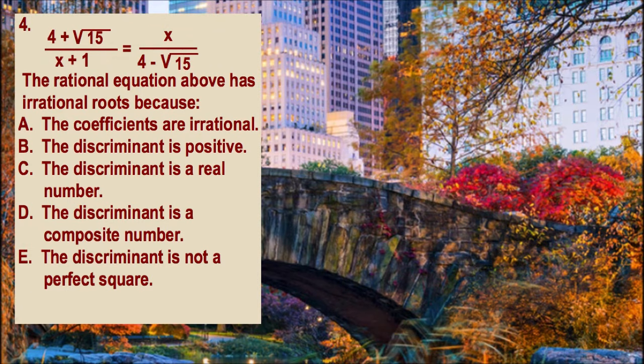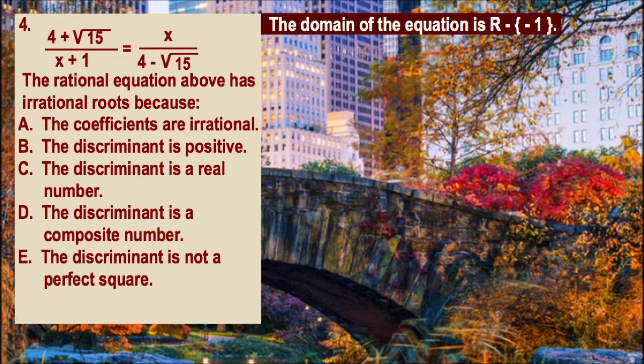The rational equation above has rational roots because: A, the coefficients are irrational; B, the discriminant is positive; C, the discriminant is a real number; D, the discriminant is a composite number; or E, the discriminant is not a perfect square. The domain of the equation is the set of real numbers minus the set made of negative 1.